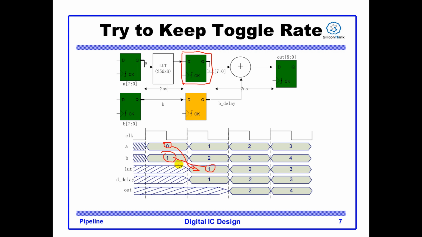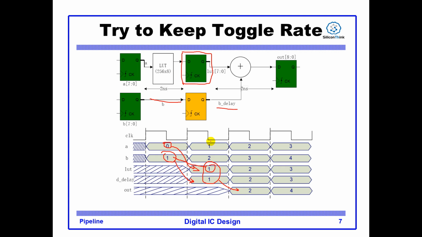So we just need to add another pipe register in the data path of B and delay it for a cycle. So this is the B delay. Then the two will be aligned, and then we add them together to yield 2.